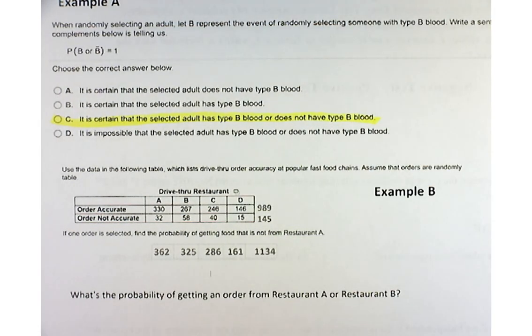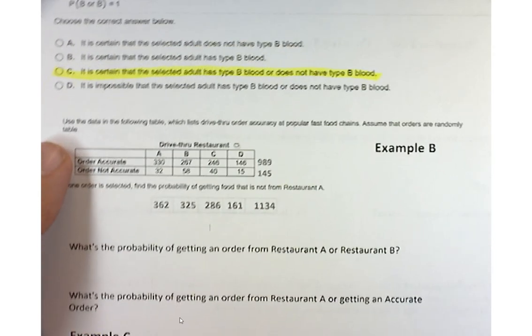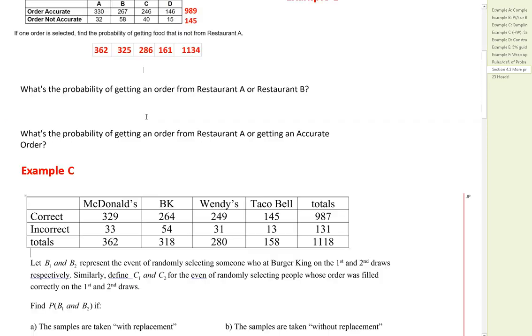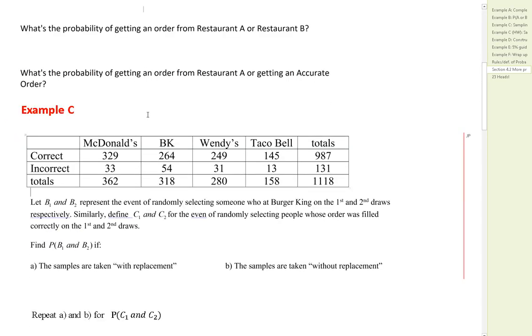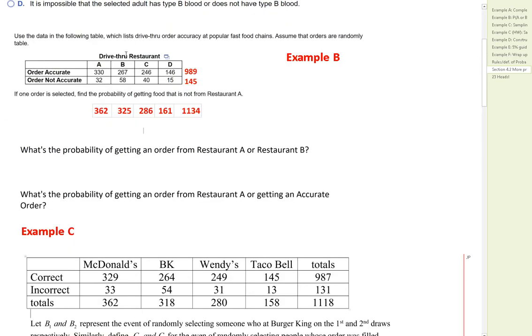So let's look at this example down here, example B. Example B comes with a nice little table. Restaurants A, B, C, and D are the same ones as down below: McDonald's, Burger King, Wendy's, and Taco Bell.